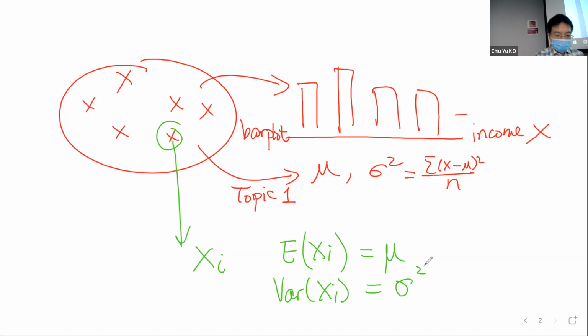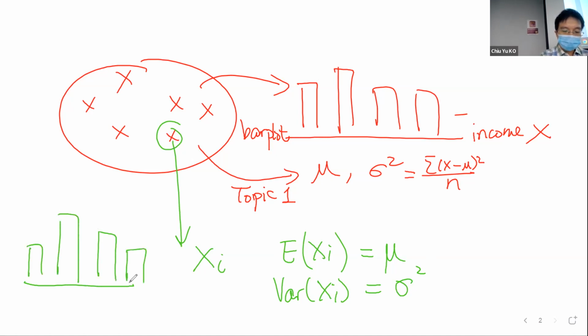What it means is, in general, it looks like this. Exactly the same thing. If you draw the P, supposing this is discrete, the P is exactly what the data is.